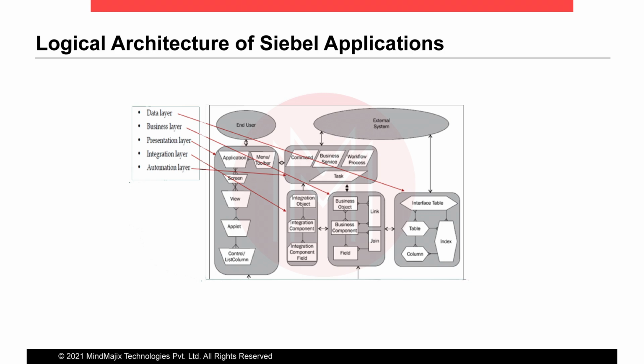Inside Tools we have different objects, a large variety of objects. All those objects we have segregated into 5 different layers. Starting from the data layer: what is the data layer?